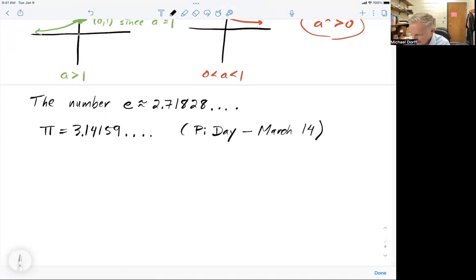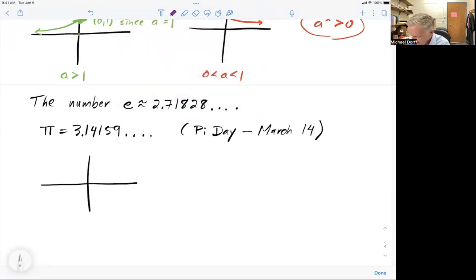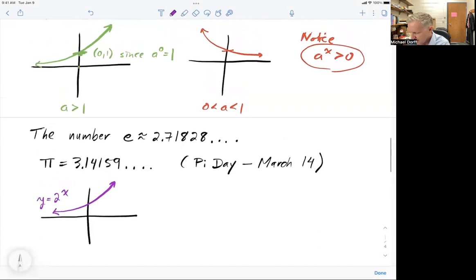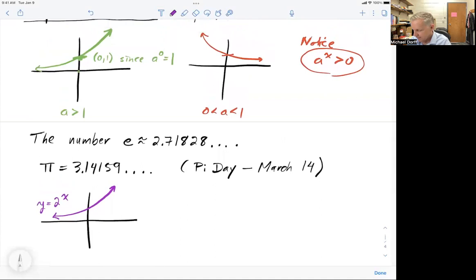But what about e? Well, in calculus, we'll often be interested in this type of expression. Suppose I had y equals 2 to the x. What does the graph of that look like? It's like the graph of a to the x, but a is 2 in this case. And when a is greater than 1, it was that green graph above, and it looks like this.